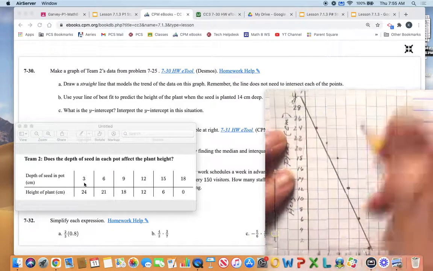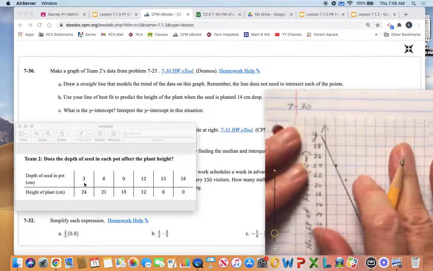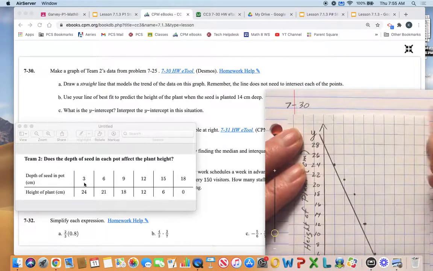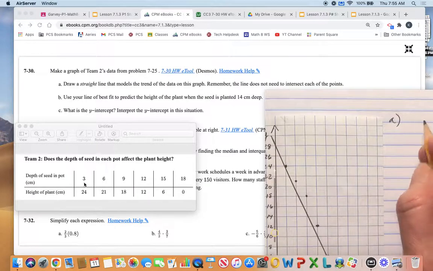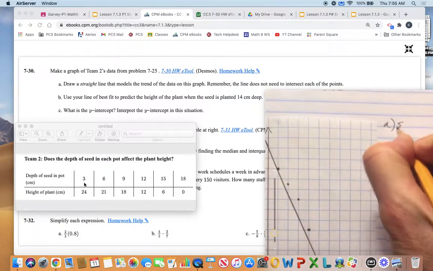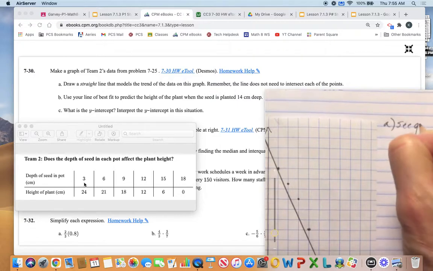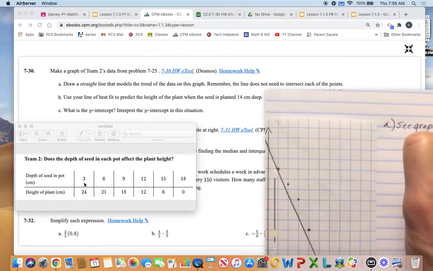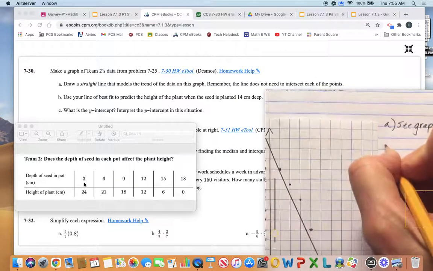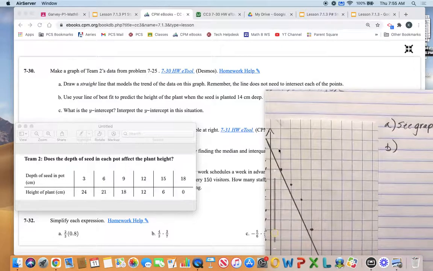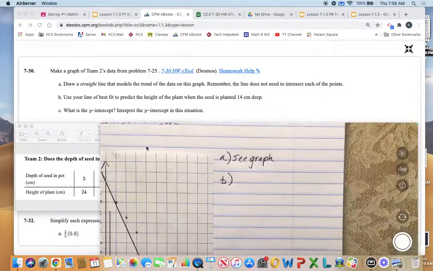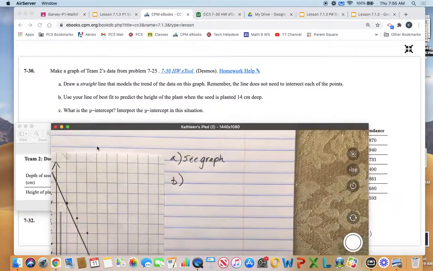Okay, so now that we've drawn our line, we can put A over here on the side. And I'm just going to say see graph, because that's where my line of best fit is. Okay, so then we have to start answering these questions. So I'm going to move my paper over a little bit here. All right.